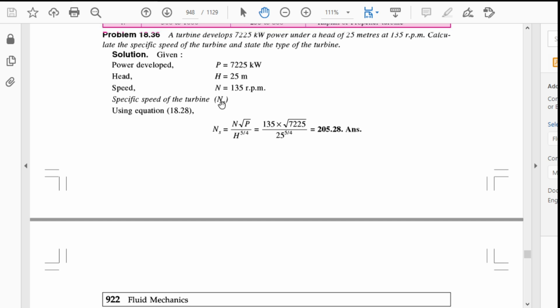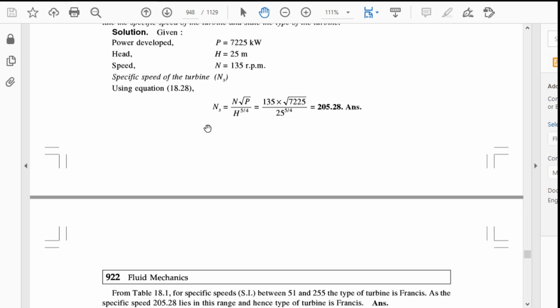We have to find the Ns value. Use the relation for specific speed: N root of P divided by H raised to 5 by 4. Substitute the N, P and H values, and you will get the specific speed Ns as 205.28.